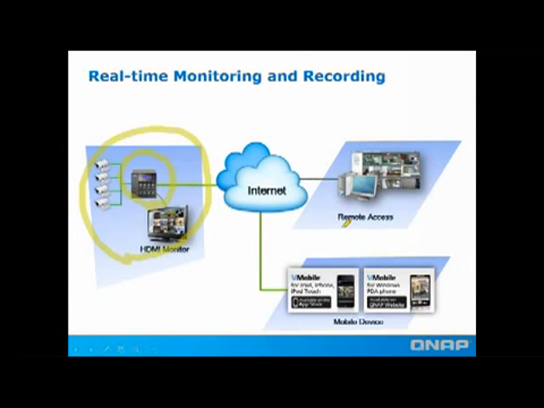But if your customer or the property owner wants to check remotely, we also provide the web browser and also mobile devices on Android and iOS. So this is the solution. It's ideally perfect for small, medium business and also retail environments.